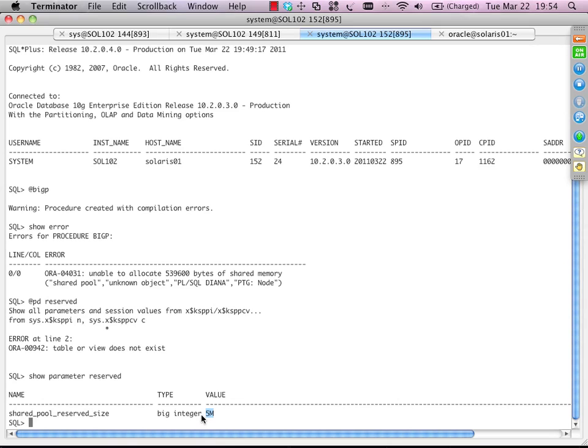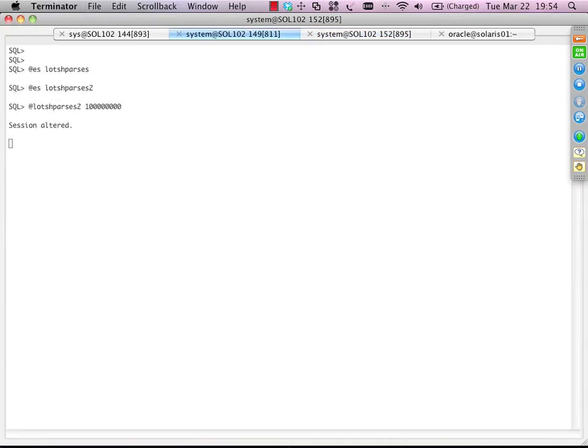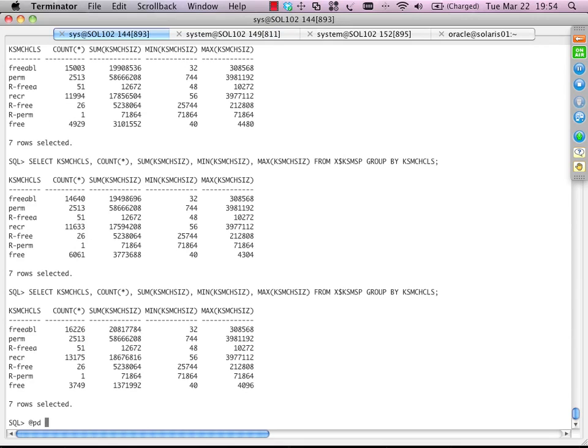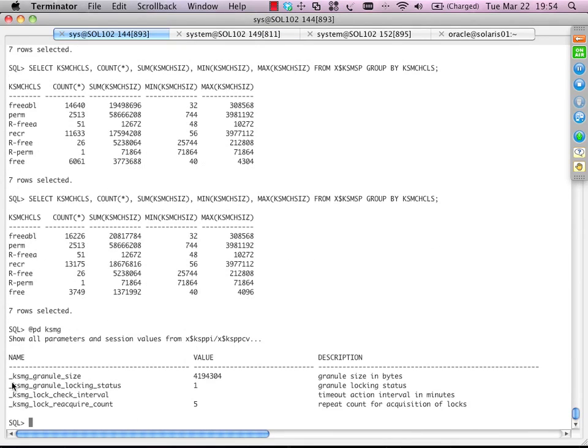If you have 5 megabytes here, it doesn't mean that you have 5 megabytes of continuous free space in the reserved area. Oracle actually splits it into granules. Depending on your SGA size, things like shared pool and then buffer cache and so on consist of granules.